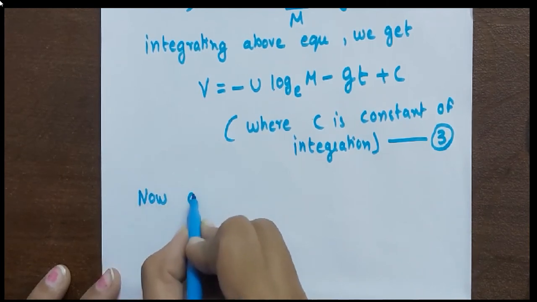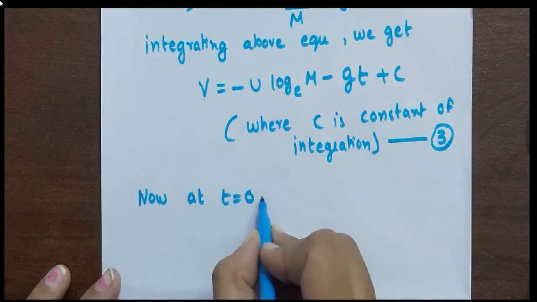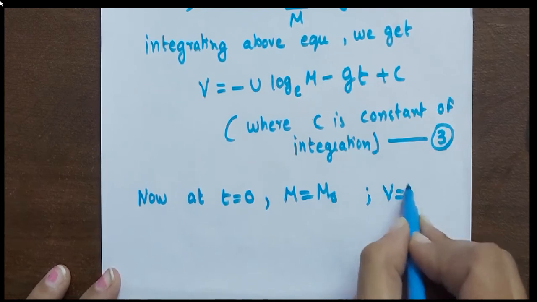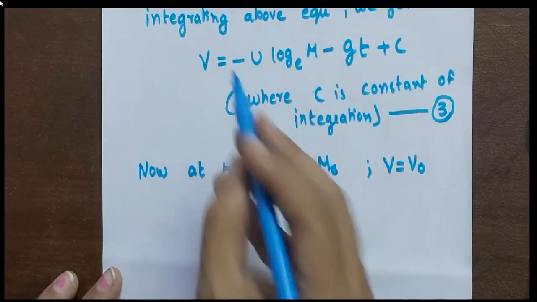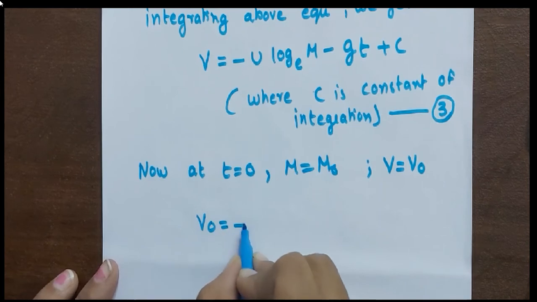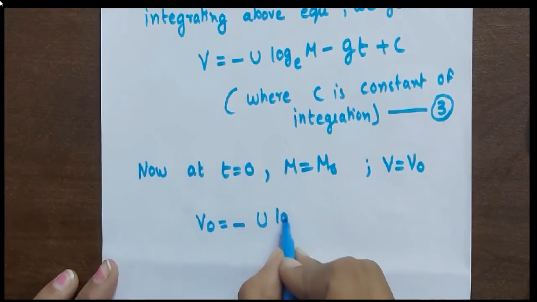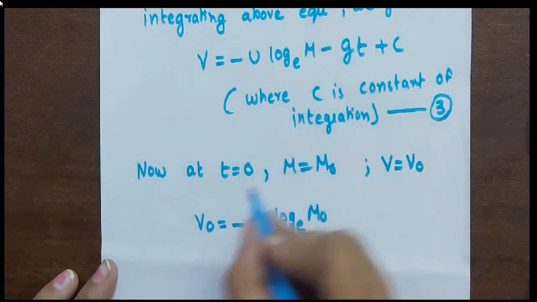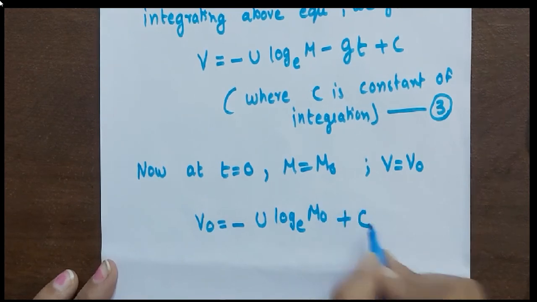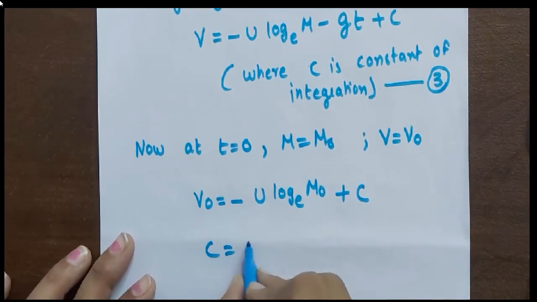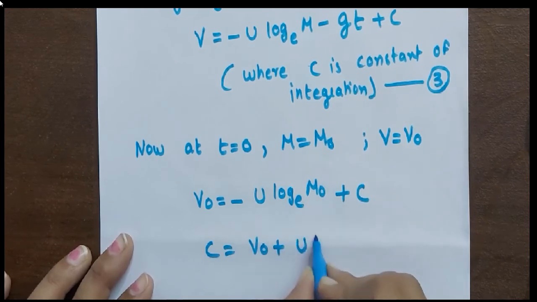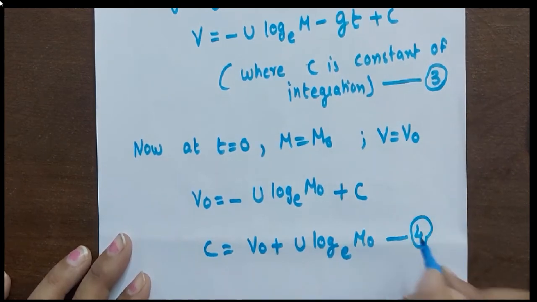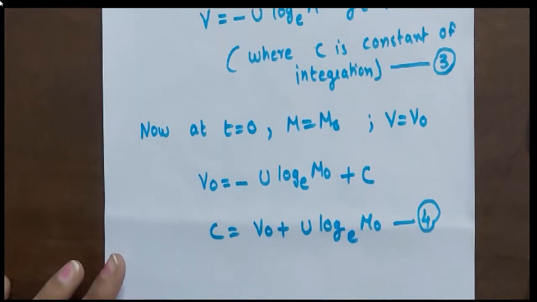At t equal to 0, the mass is M0, the initial mass, and the velocity is v0. Substituting, v0 is equal to minus u times log e M0, with gt becoming 0 because t is equal to 0, plus c. So c is equal to v0 plus u times log e M0. Equation 4.